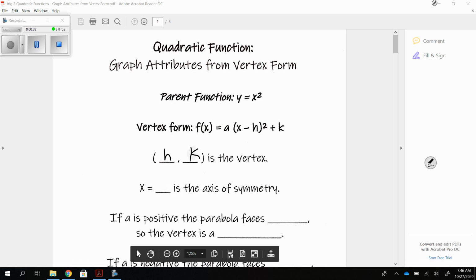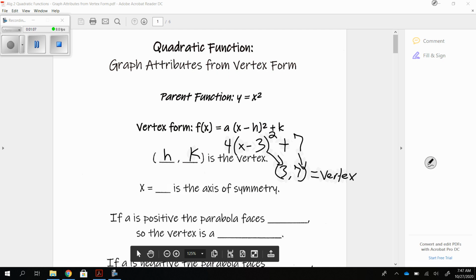So if this was 4 times x minus 3 squared plus 7, we would know 3 and 7 is our vertex. All right, so that's the vertex. Just a little made-up example so you can see what it means.